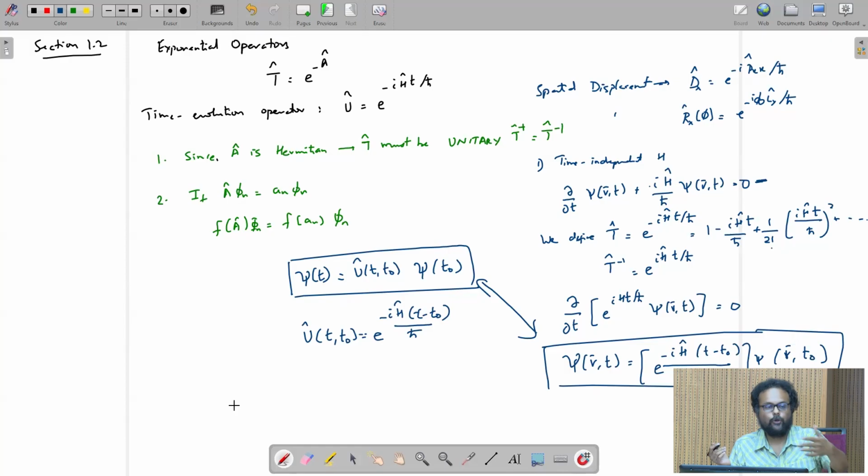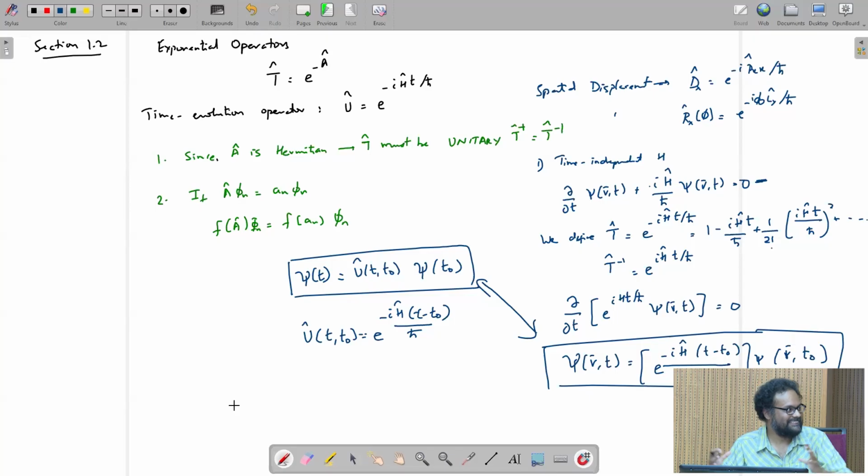So that's my time evolution. If I know the solution for my time independent Hamiltonian, then I can predict what will be my wave function at a later time simply by operating this U. By the way, please let me know if my fonts are too small. Are they too small?